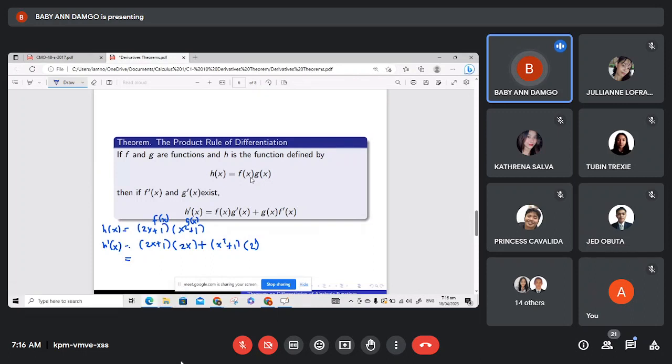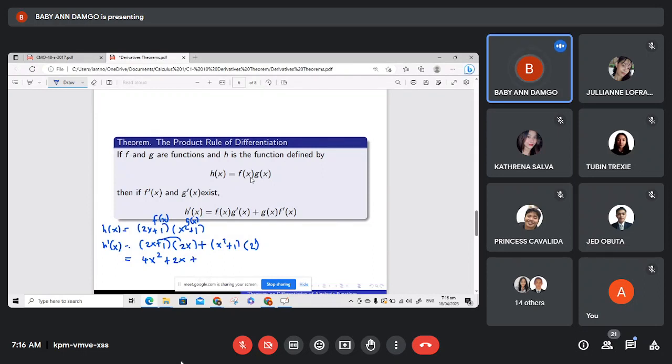Okay, so sa calculus, magamit yun na to ang algebraic manipulation. So simplify. So, this is 4x squared. And then, next is plus 2x. So, 2x times 1, 2x.